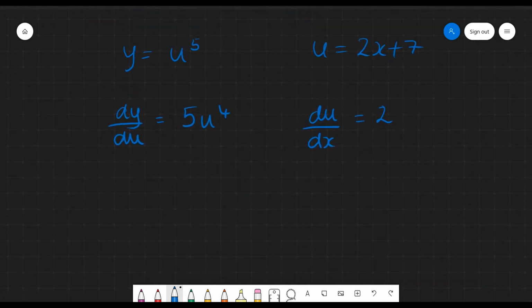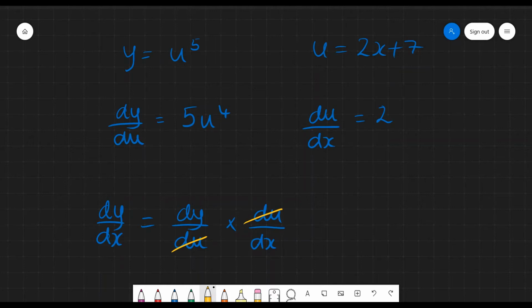Now, dy by du and du by dx, the only way that we can use both of these to form dy by dx, which is what we want, is if we multiply them, because we get dy by du times du by dx, where the du's in the numerator and the denominator cancel each other out, and what we're left with is dy over dx.